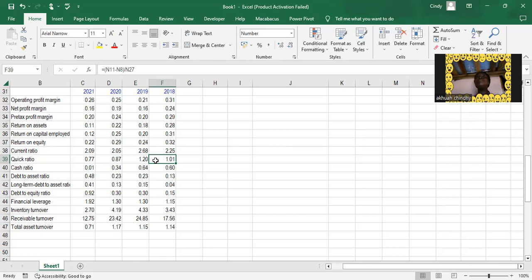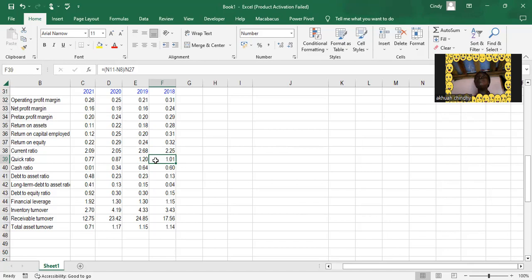So with this one, you will say that the business is able to cover its short-term liabilities at once using its most liquid assets. You see, it's not about a specific definition.